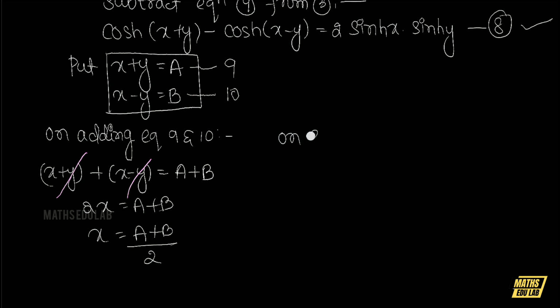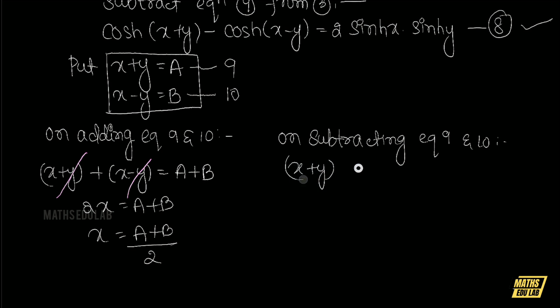On subtracting equation 9 and 10, we will get x plus y minus of x minus y, which is equal to a minus b.